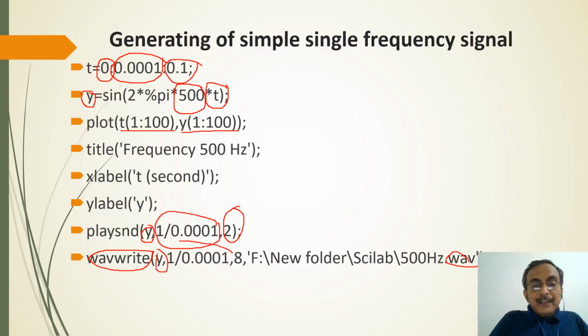This is the sampling frequency, which is the reciprocal of the time increment that we are having. 8 indicates the number of bits per sample. It is usually 8 or 16. And then we can use this command to write this file and save it at any desired location. Of course, it is important that the extension will be .wav. We cannot write the file in the MP3 format by using this particular command.